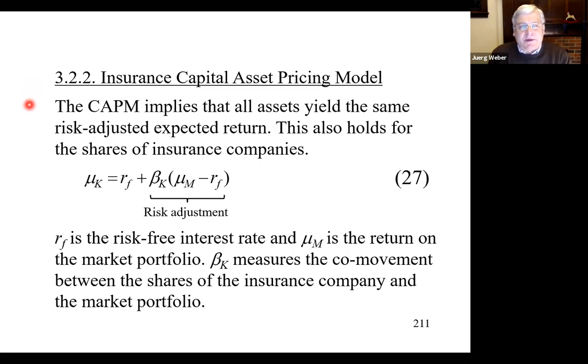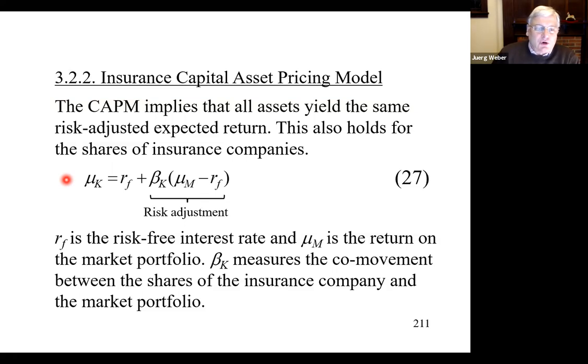The capital asset pricing model implies that all assets yield the same risk-adjusted expected return. This also applies for shares of insurance companies. In equation 27, mu k stands again for the return on equity of an insurance company.